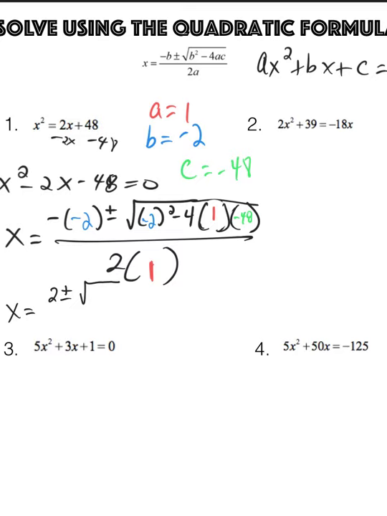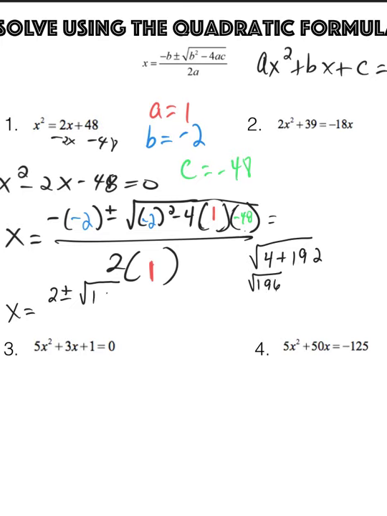If I were to simplify the discriminant, -2 squared is 4. 4 times 1 times 48 is 192. Remember that we have a -4 times a +1, which is -4. -4 times -48, that's going to give me a positive. So this actually gives me as a discriminant the square root of 196.